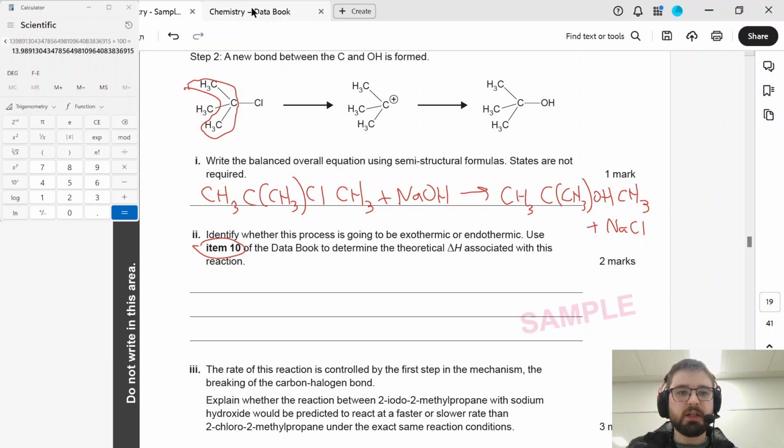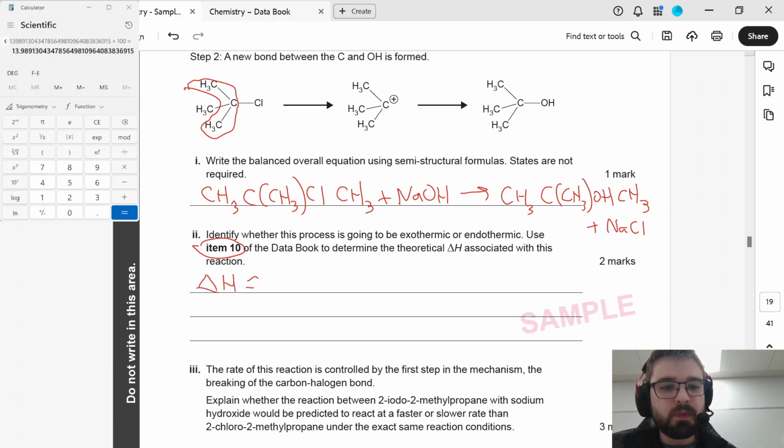So basically, the delta H is going to equal the bond we formed, the strength of this one minus this one here, because we're breaking that one.